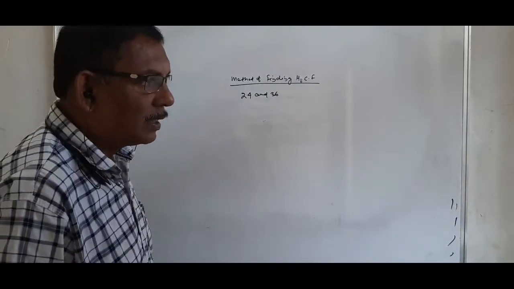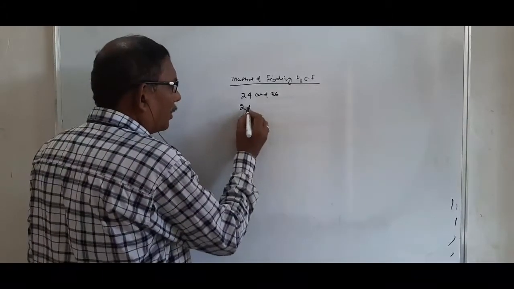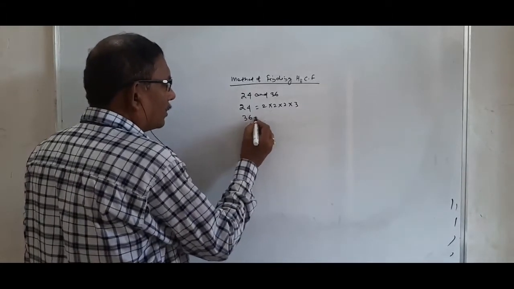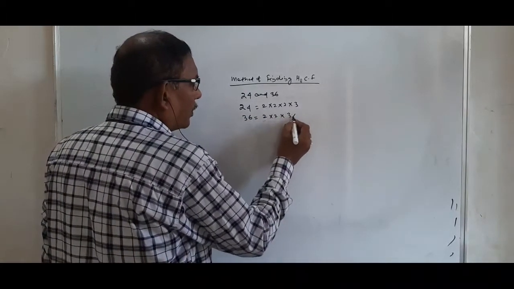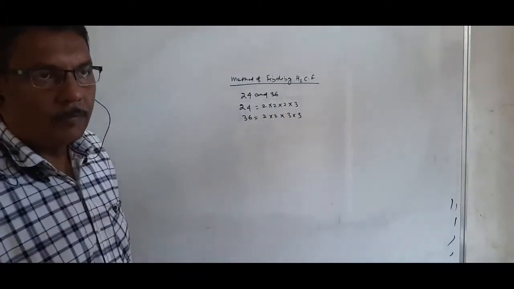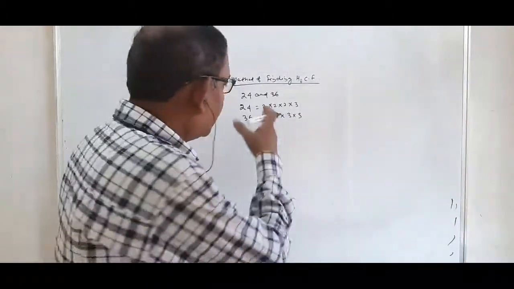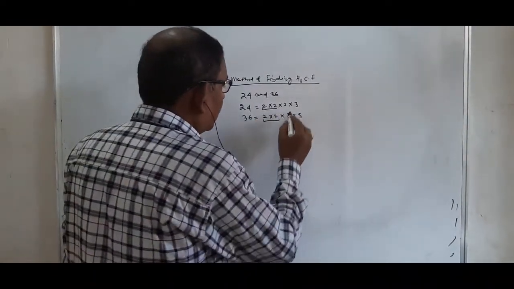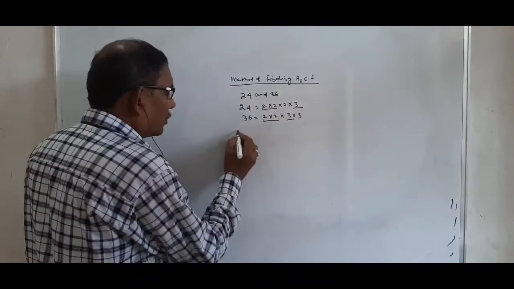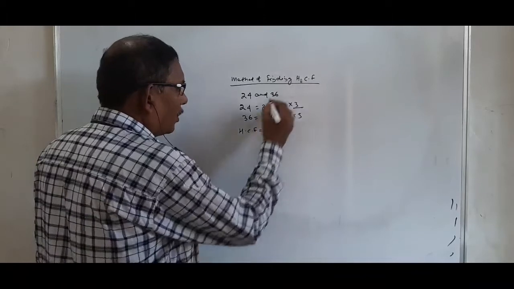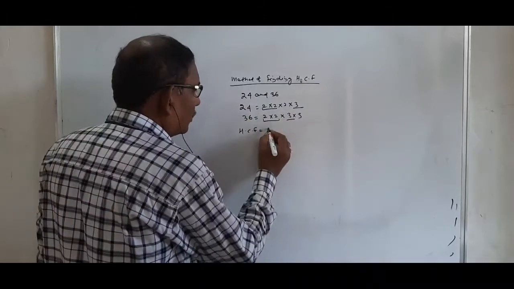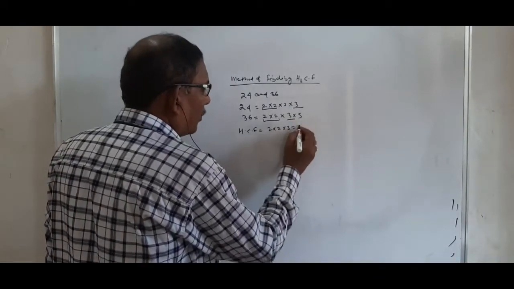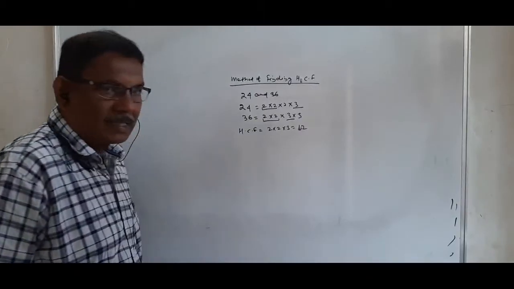First express these numbers in terms of prime factors. 24 is 2 into 2 into 2 into 3, 36 is 2 into 2, 3 into 3. Here we find the common prime factors in both. 2 into 2, and here is 3. Okay. So the HCF of 24 and 36 is 2 into 2 into 3, that is your 12. In this way, we find the HCF.